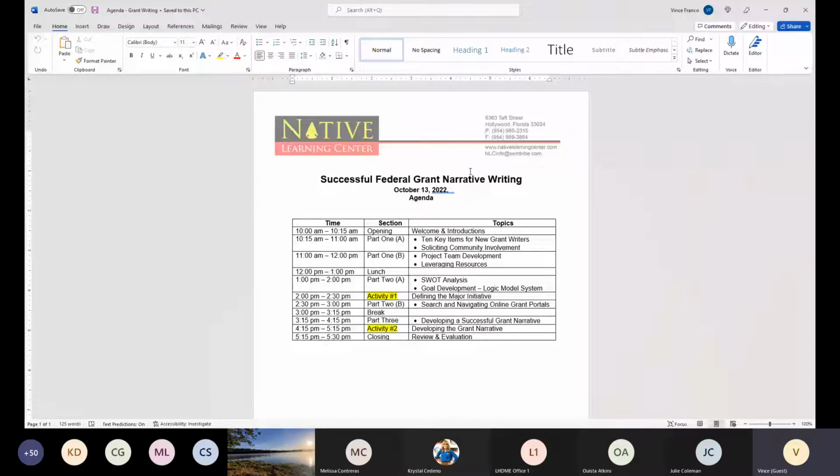So I'm going to walk through that process, that skill set of the SWOT analysis, so you can hopefully get a better understanding of how to use that process to fine tune what you're doing.